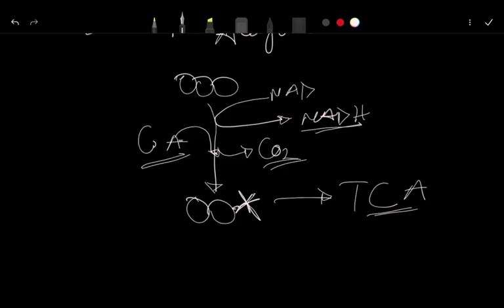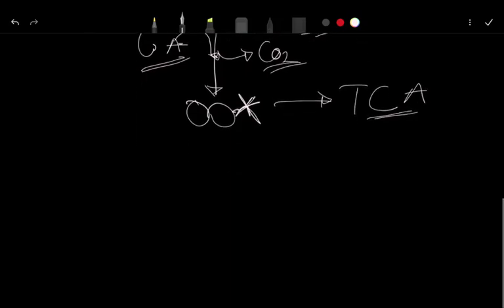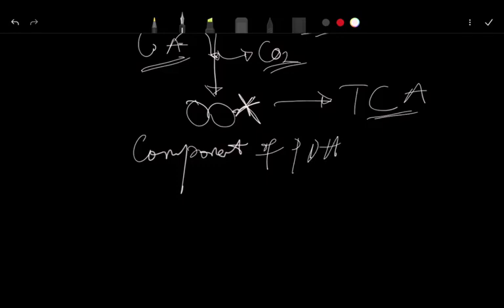Alright, so let's now see what the components of the PDH complex are. So you write now: components of the PDH complex. Are you there with me? So what are the components of the PDH complex?